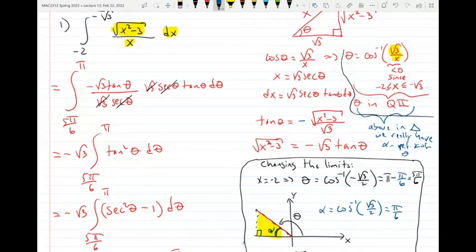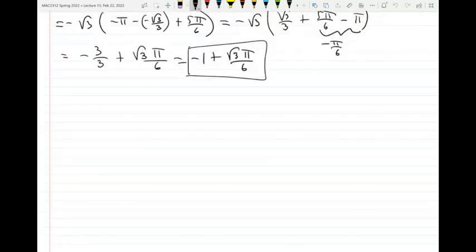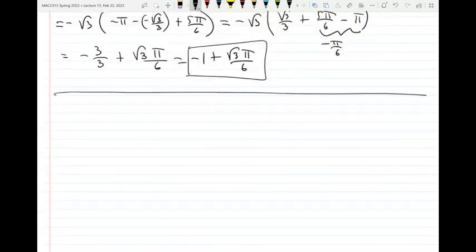Let me show you the proper way. Even though I think it's easier if you do it like this, that way you don't have to worry about too many things. But if we do it the proper way, let me put it here. So, proper way.